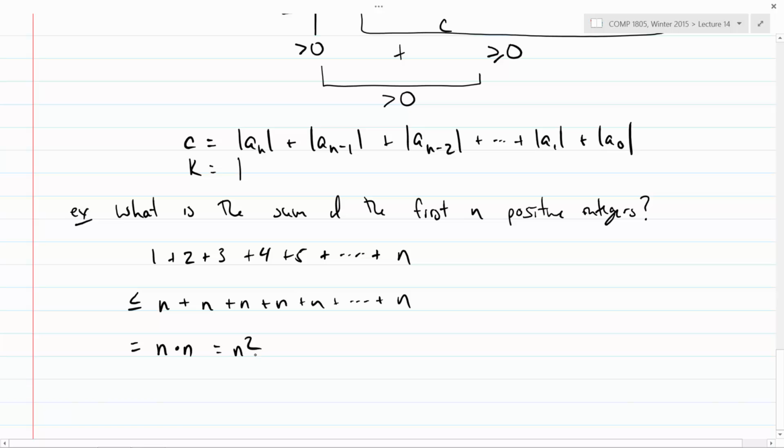So what's my value of c here? One, right? There's nothing in front of the n squared. And what's my value of k? These are all true no matter what you do, as long as n is at least 1. So I can take k to be 1. That's true when n is at least 1.